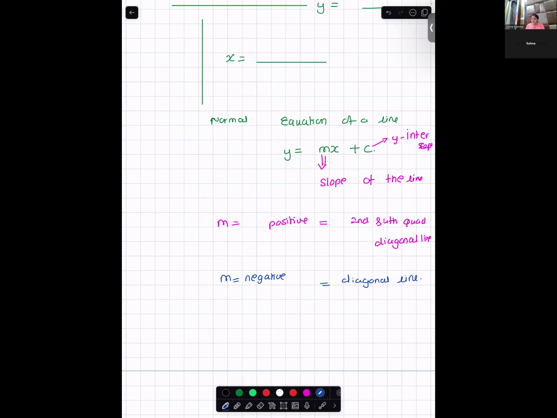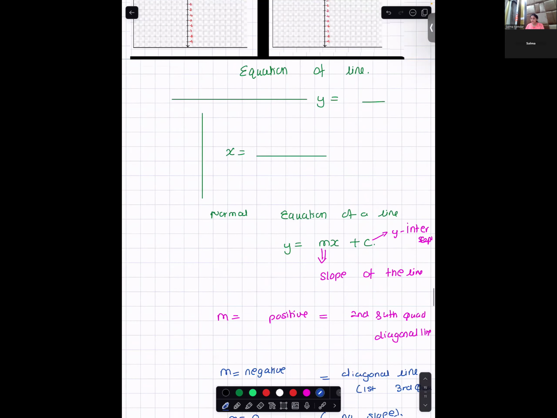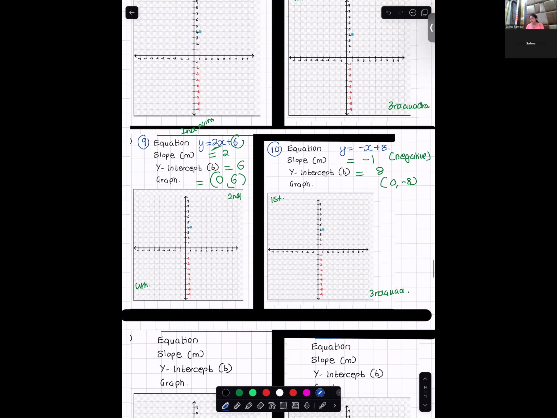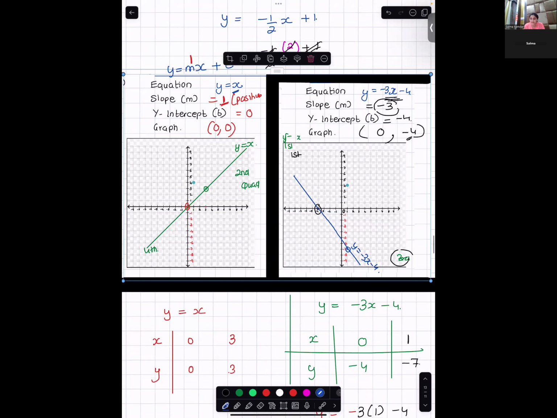If m is 0, that means it has no slope. Okay. So you need to know this very clearly. Go through this video, plot the diagrams.